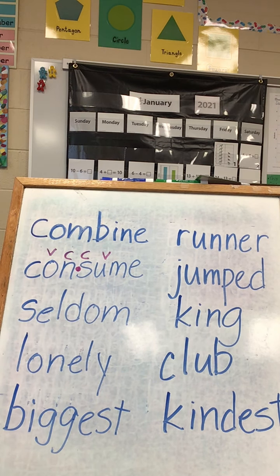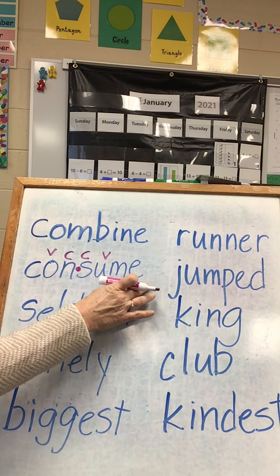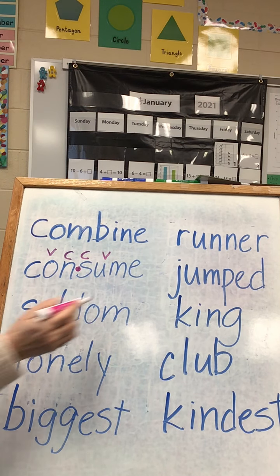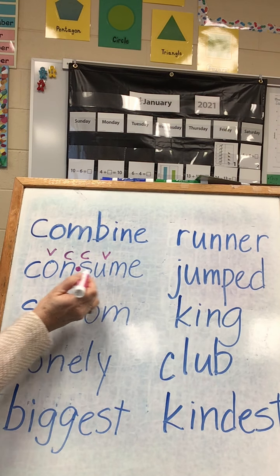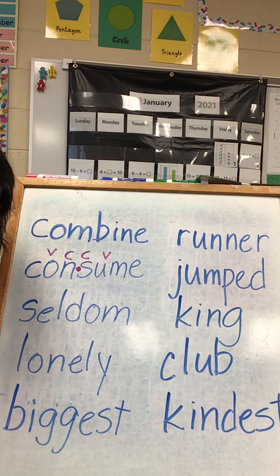And then you can sound it out. Consume. Okay? This has a silent E, so that U has to say its name. You. Consume. All right. Let's do it one more time fast, and then we'll do beat the teacher.